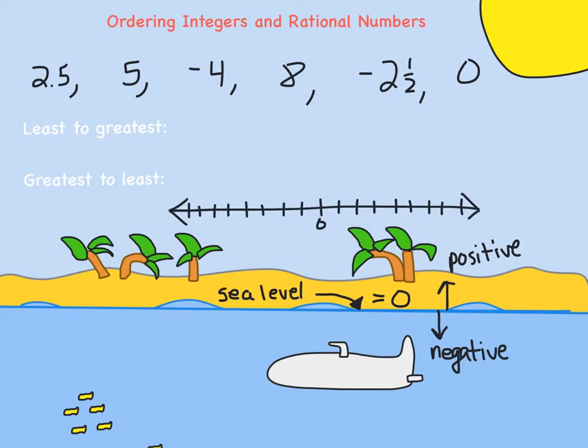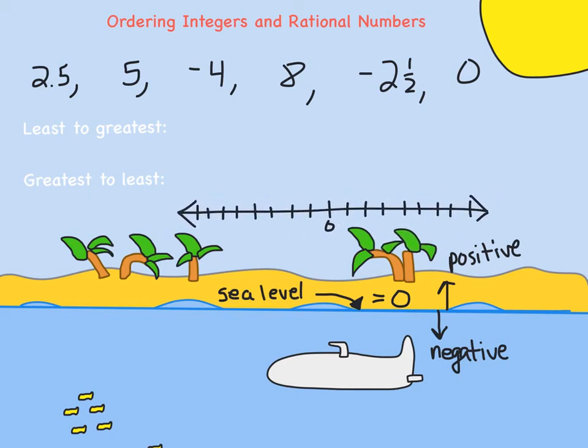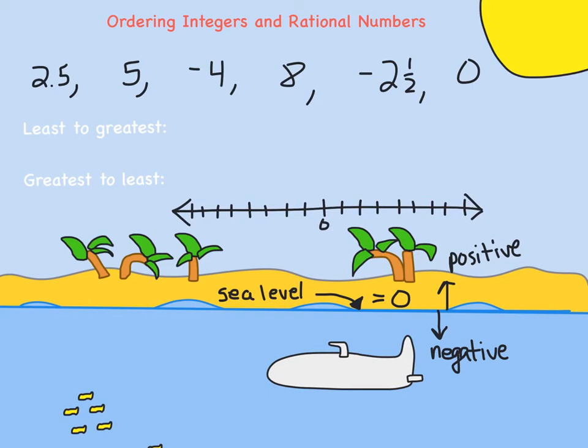And that can also be represented by a number line such as this. So if this is 0, this would be everything below sea level or negative. And the right would be everything greater than 0 or above the ground or positive.